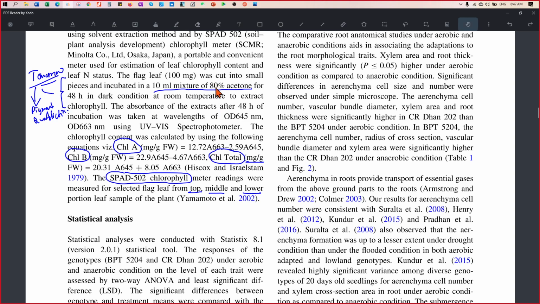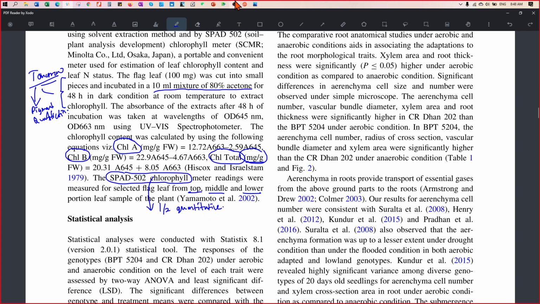Okay, so this acetone method here not only can quantify specific amounts of chlorophyll, but also with the unit. So this is very quantitative. This chlorophyll meter, it's a relative value. So this is like partial quantitative.